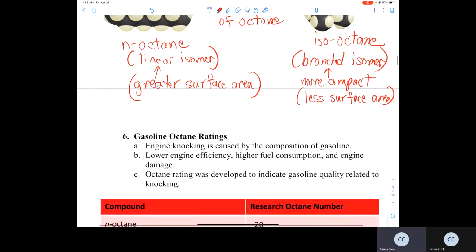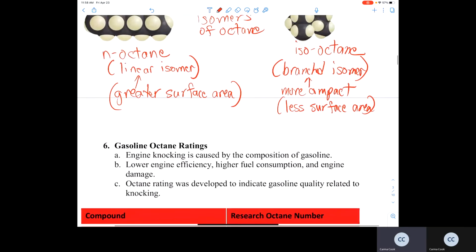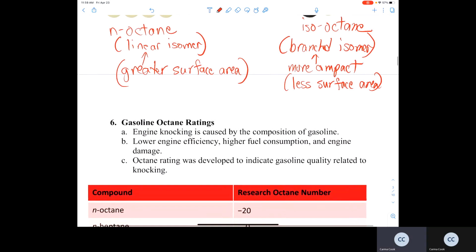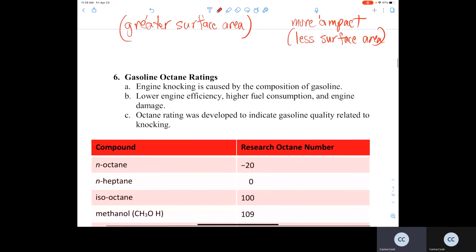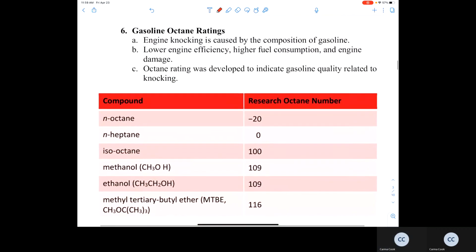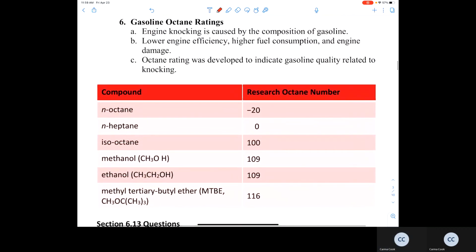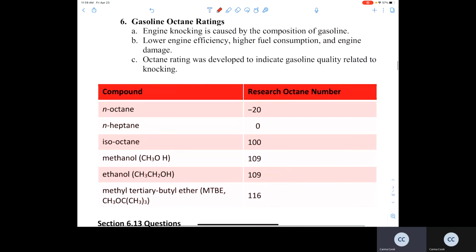And so we talked about how isooctane, when added to gasoline, reduces engine knock and helps the engine run more efficiently. And so the gasoline octane ratings were developed to indicate the gasoline's quality related to knocking. The higher the octane rating, the less knocking the engine experiences.